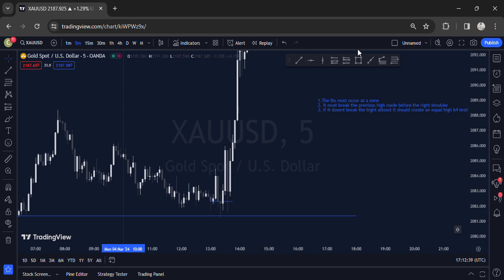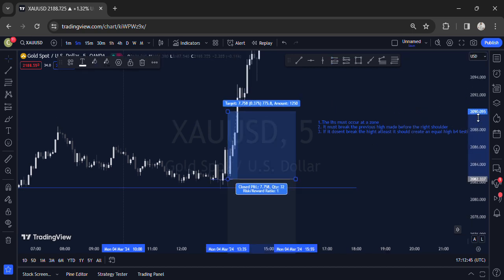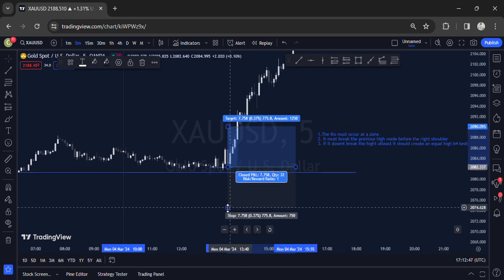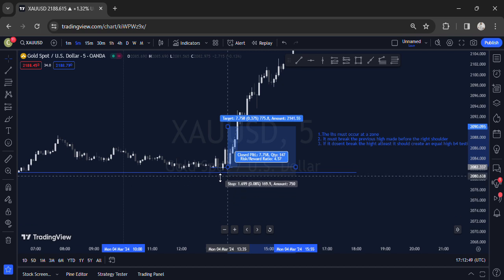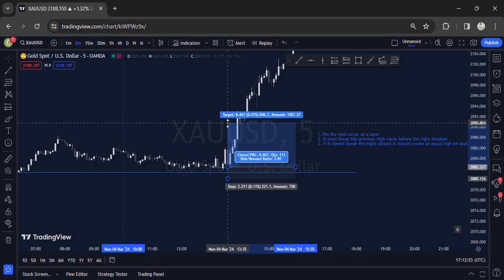So once it breaks this high, we wait for the retest on this left shoulder. Now the break must be at the body, not the wick. So it gave us this, and we'll be entering at this apex scenario here, with a 20 pips stop loss.